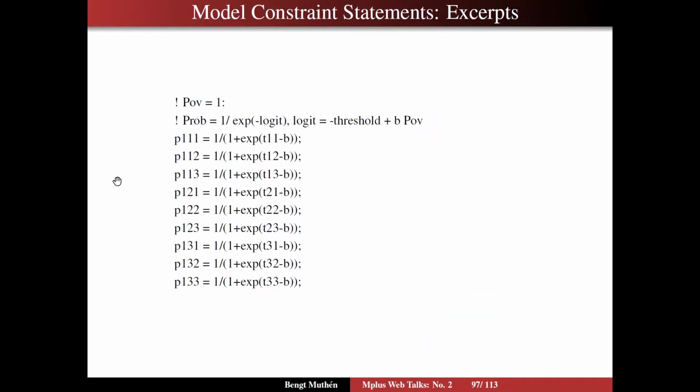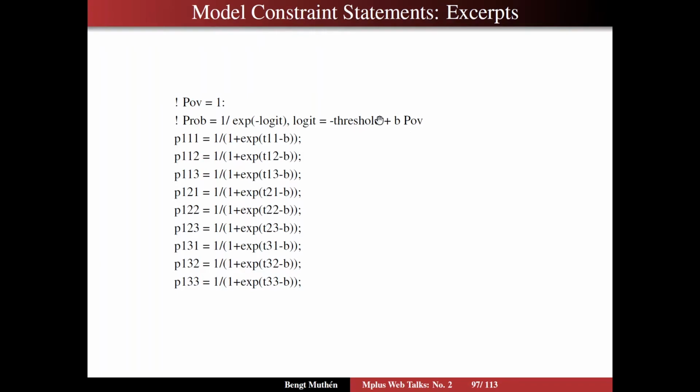Now regarding the model constraint statements to compute the probabilities, for poverty equals 1, the probability is 1 divided by 1 plus the exponent of the negative logit, as usual. I have it correctly here: 1 divided by parenthesis 1 plus the exponent of the negative logit.